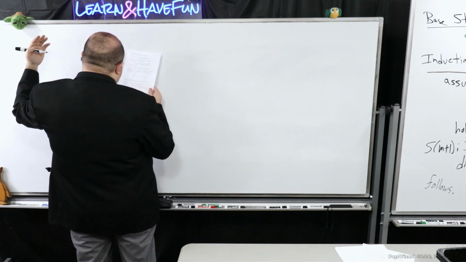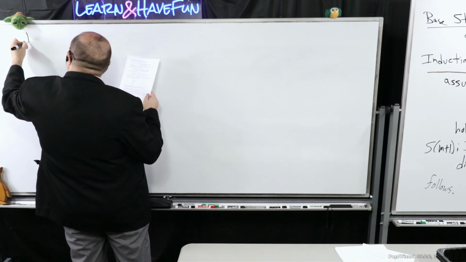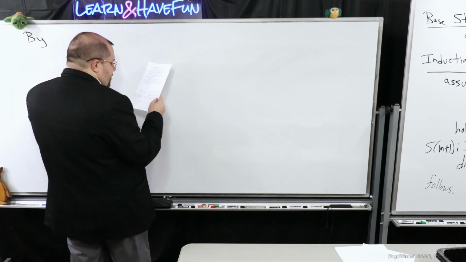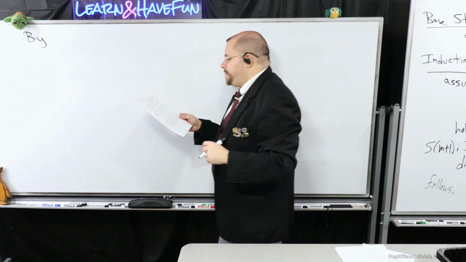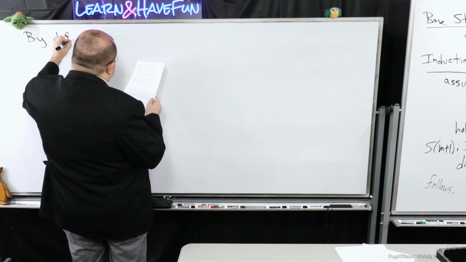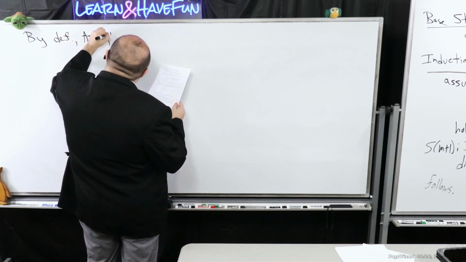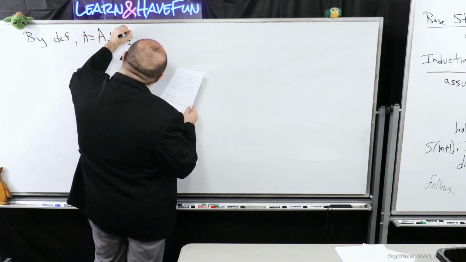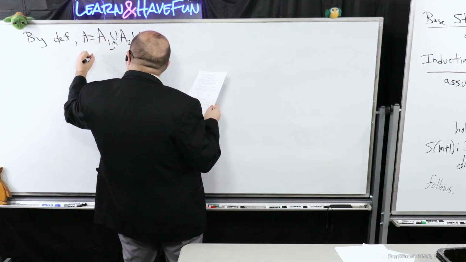Now watch this. This is where I'm going to use a little bit of set theory, so I'll explain it very carefully. By definition, A is going to be equal to the union of A1, A2. This is what this U represents. It means union.